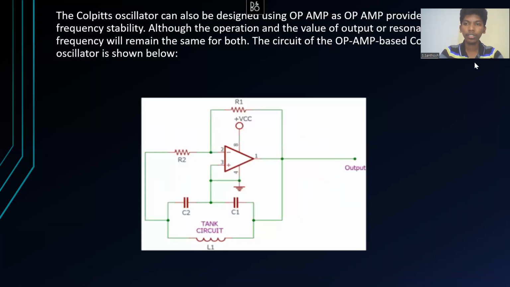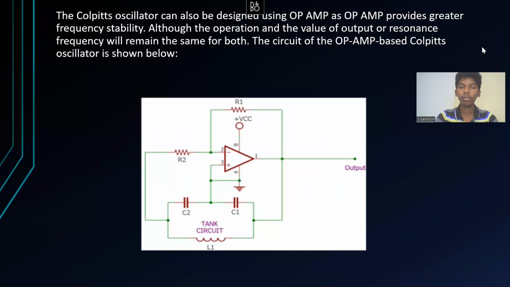As I said before, the Colpitts oscillator can be made either with a BJT, an FET, or an op amp. If you see a circuit of the Colpitts oscillator with an op amp, this is how it looks. It's mentioned over here. The Colpitts oscillator can also be designed using op amps, as an op amp provides greater frequency stability. Although the operation and the value of the output or resonance frequency will remain the same for both, the circuit of the op amp based Colpitts oscillator is shown below.